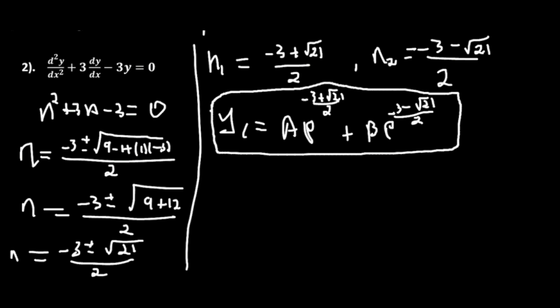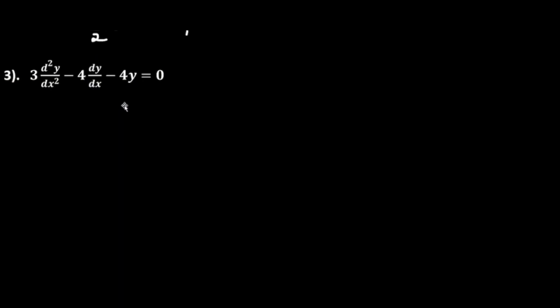Now we're going to go to the third example. We have this, so our characteristic equation will simply be 3n squared minus 4n minus 4 equal to 0.